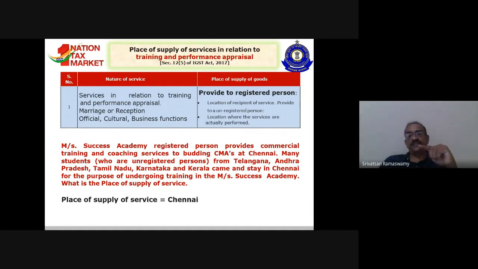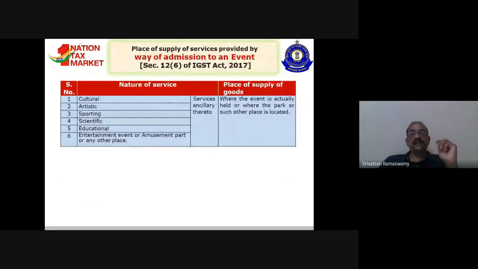But if it is a registered person, it is the location of the recipient. Okay, here in this example, it is the location where the service is actually performed. The training is actually provided in Chennai, and therefore, for all unregistered persons, it is the location of the place where the training actually happens that will decide the place of supply.